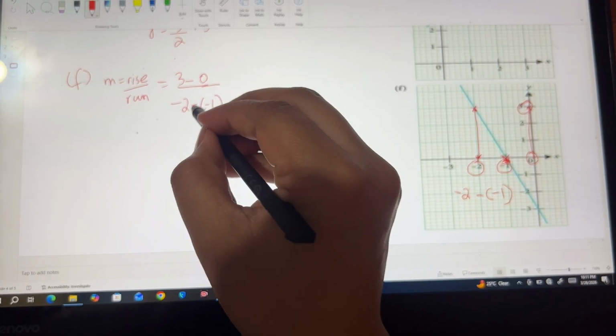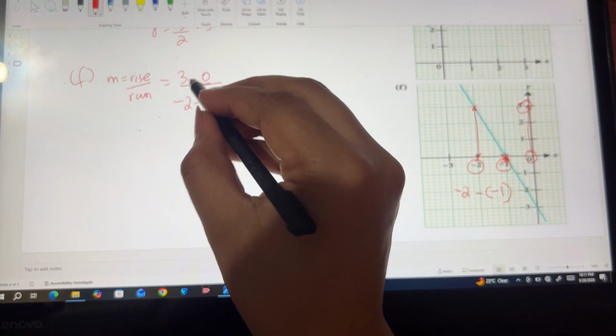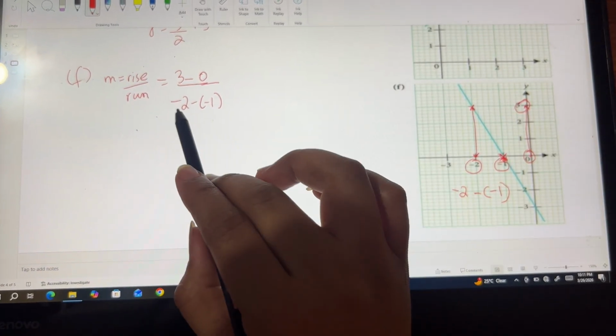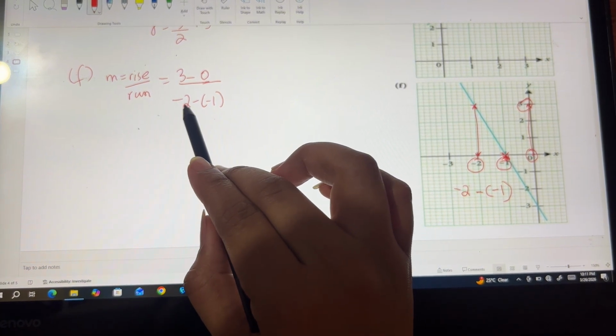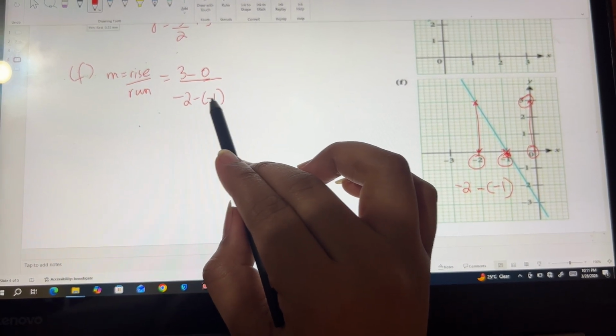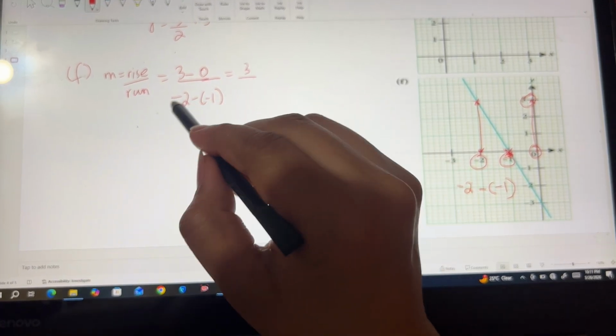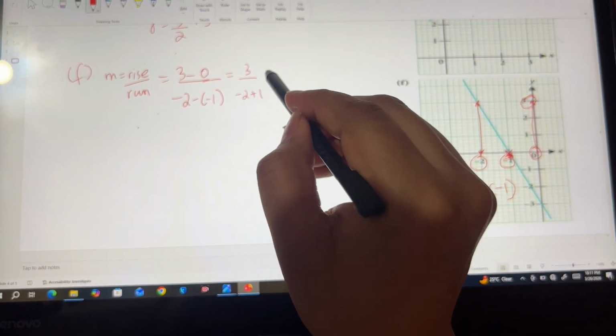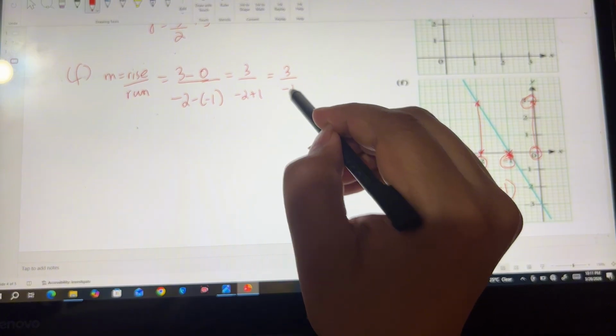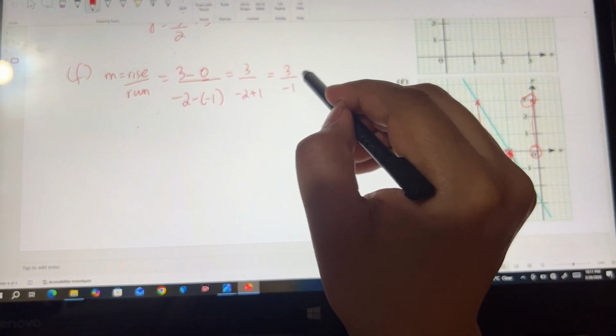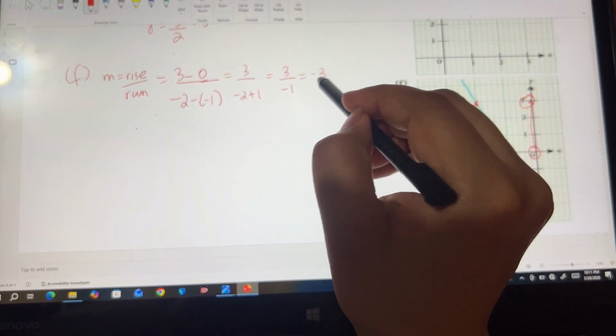This minus is for the subtraction we are doing from the previous question, and this minus 2 has its minus with 2, and this minus 1 has its minus with 1. So I'll solve it. 3 minus 0 is 3 upon minus 2 plus 1, which equals 3 upon minus 1. Now we can shift this minus sign upwards, so it becomes minus 3.